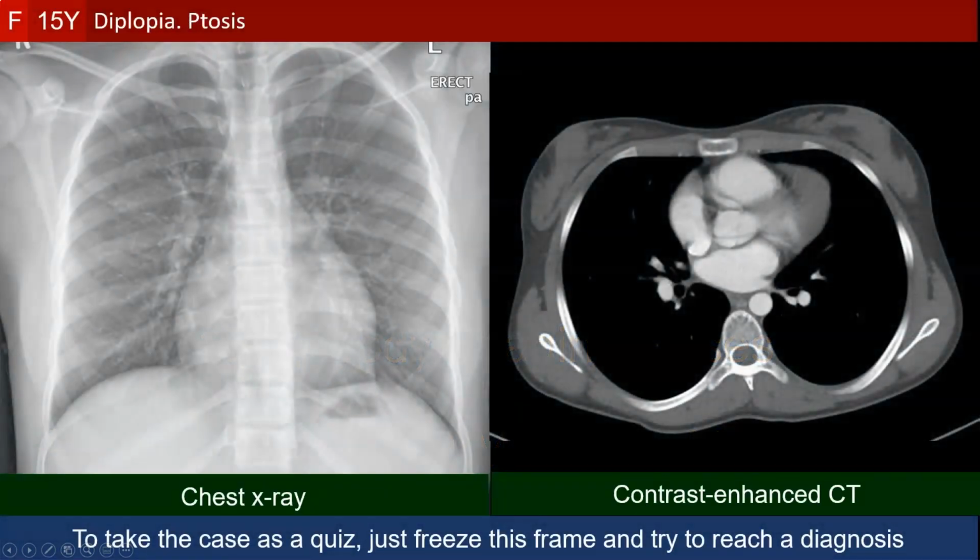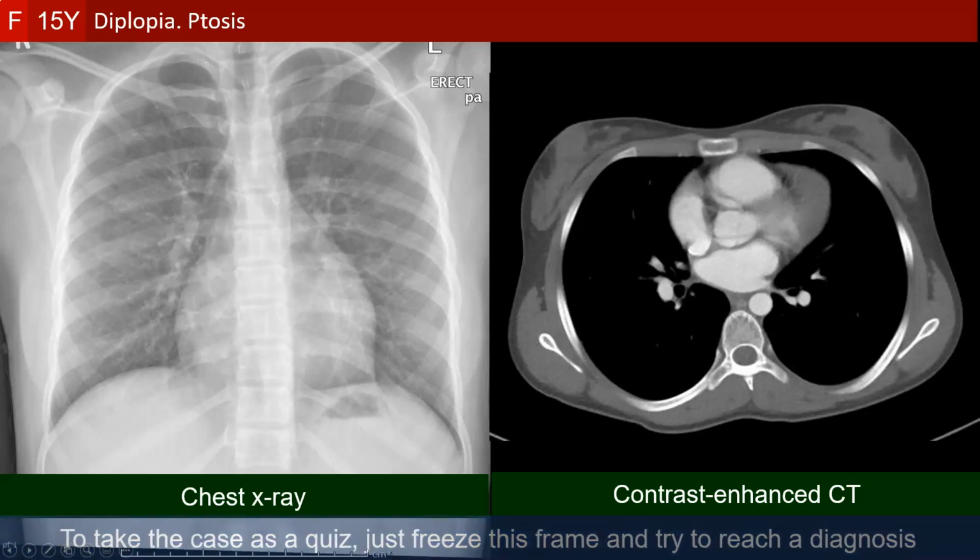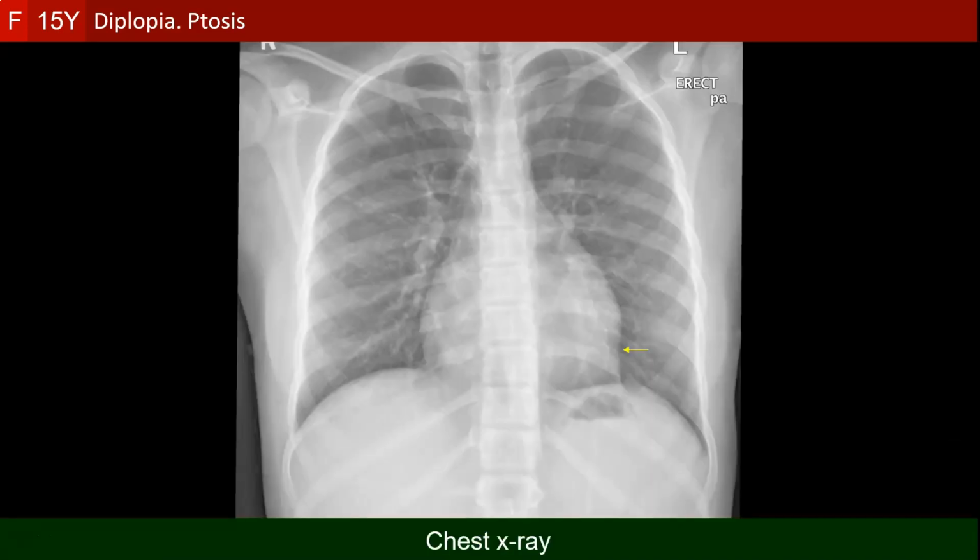This is a 15-year-old girl with diplopia and ptosis, and you are provided with chest X-ray and CT of the chest. The only abnormality on the chest X-ray is probably this change of contour of the left cardiac border.